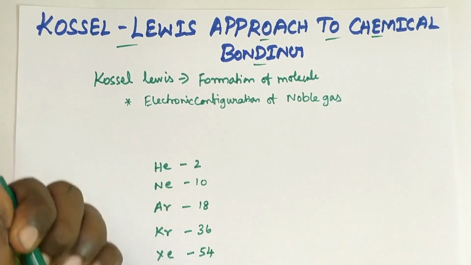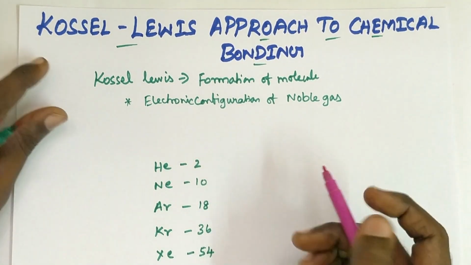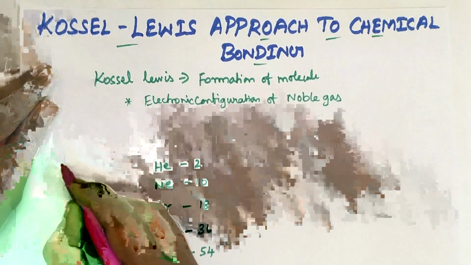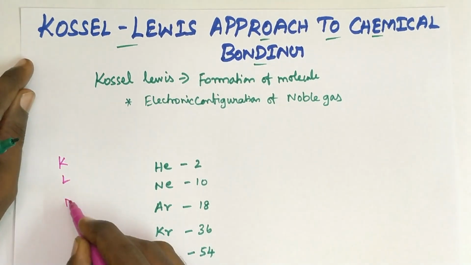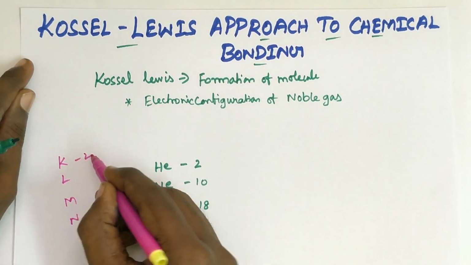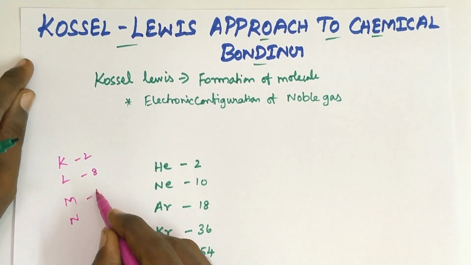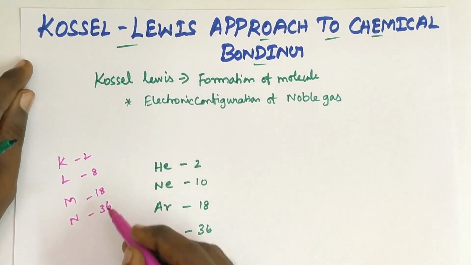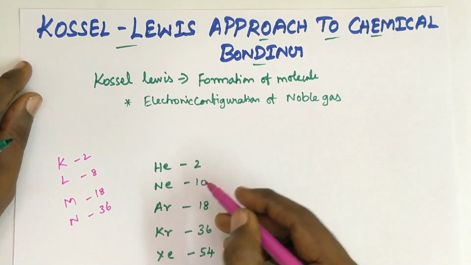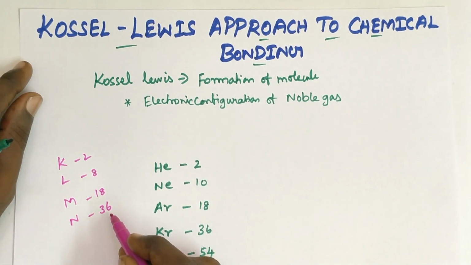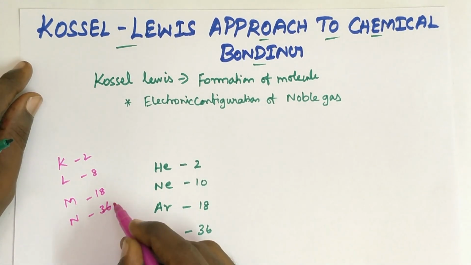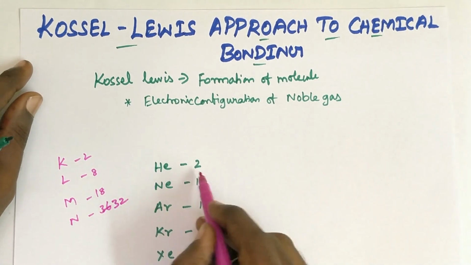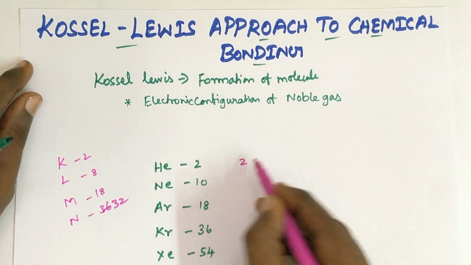When you write the electronic configuration of these atoms, according to Bohr's model, K shell can accommodate 2 electrons, L shell maximum 8, M shell 18, N shell 32, that is 2 n squared. For helium, only 2 electrons, so K shell accommodates 2.